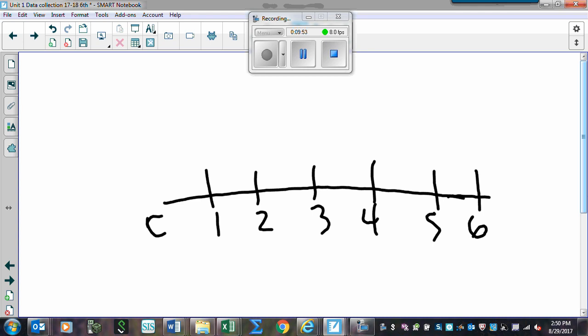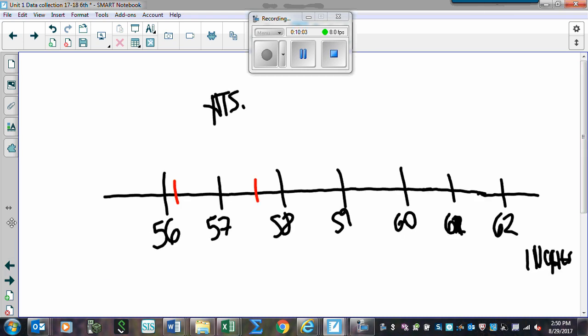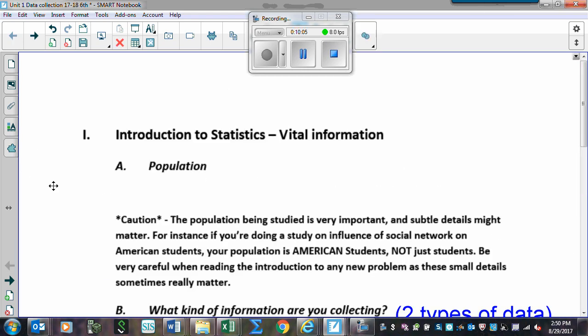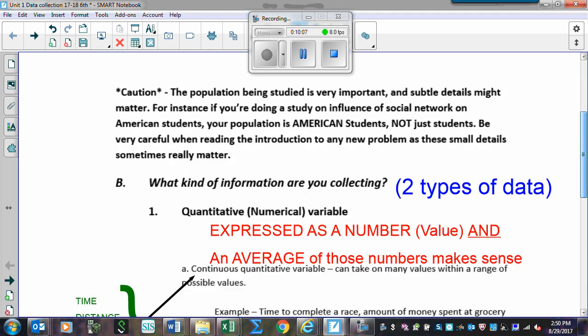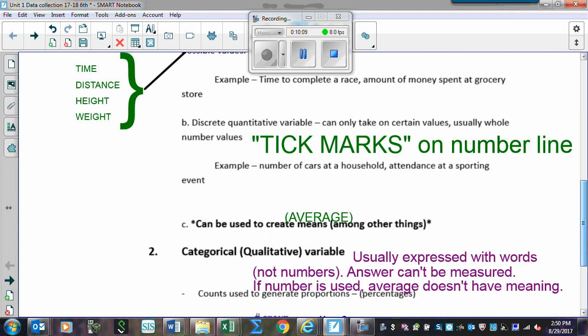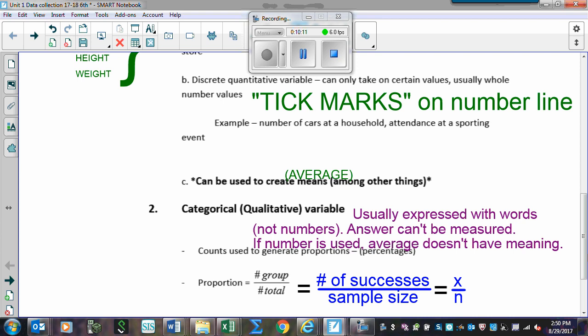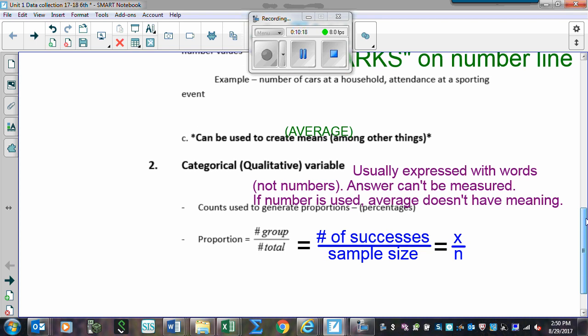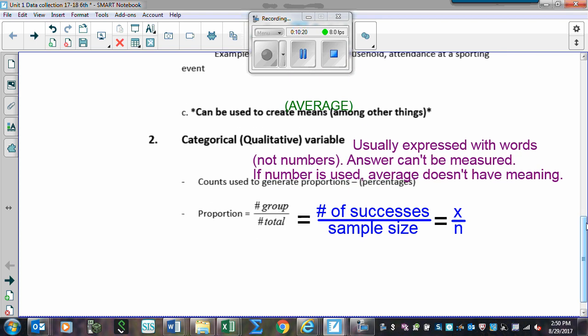And so that's the difference between continuous and discrete, which is why I describe it as tick marks on the number line. And like I said, you can still make an average out of that. It's the average of a set of discrete data.